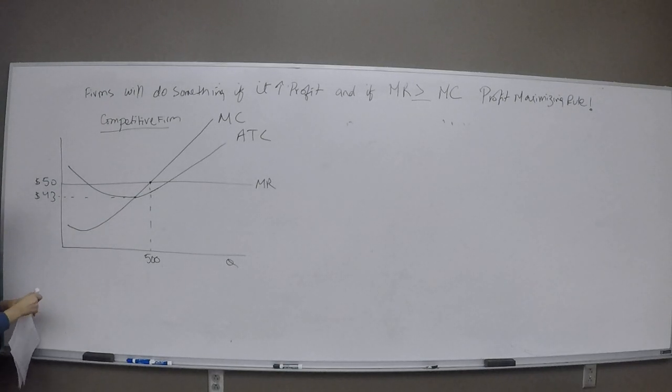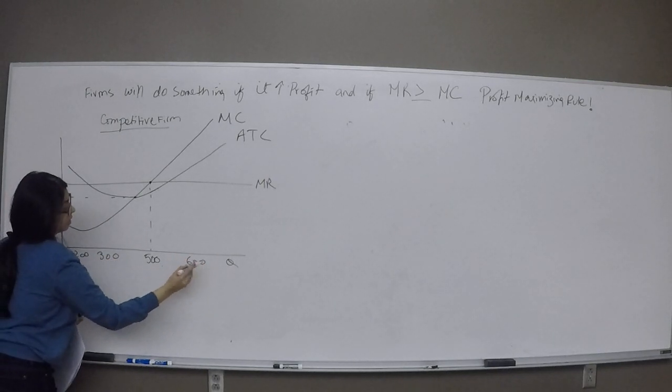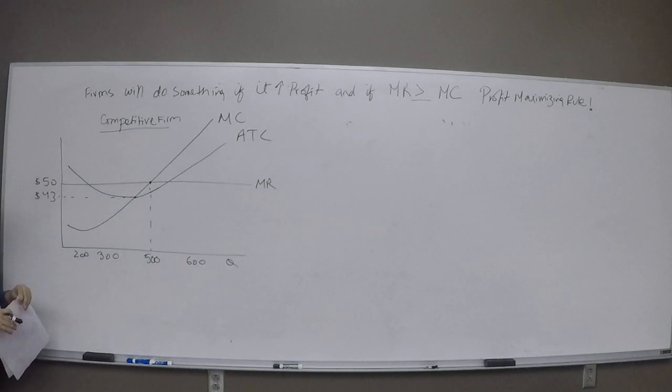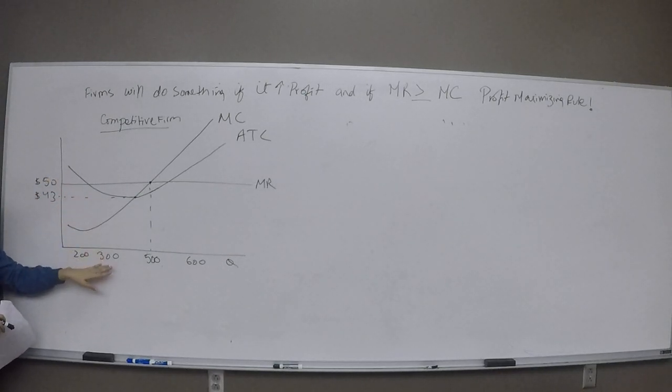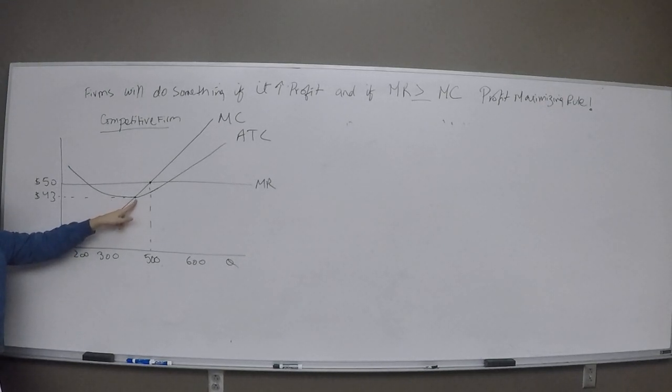As you start to produce more and more, average total cost starts to decrease. When you're producing more and more units, cost starts to decrease until you hit the marginal cost curve.